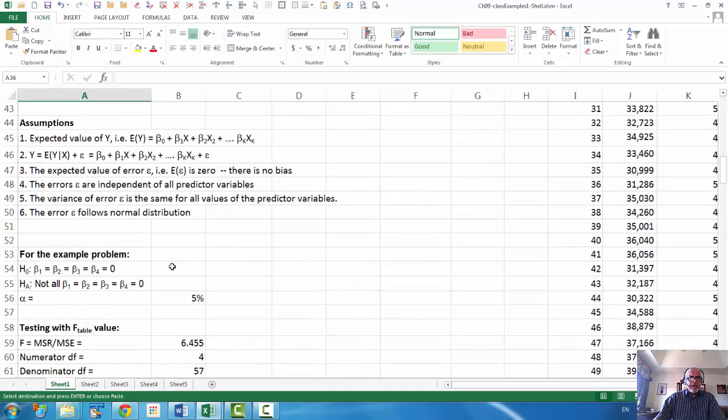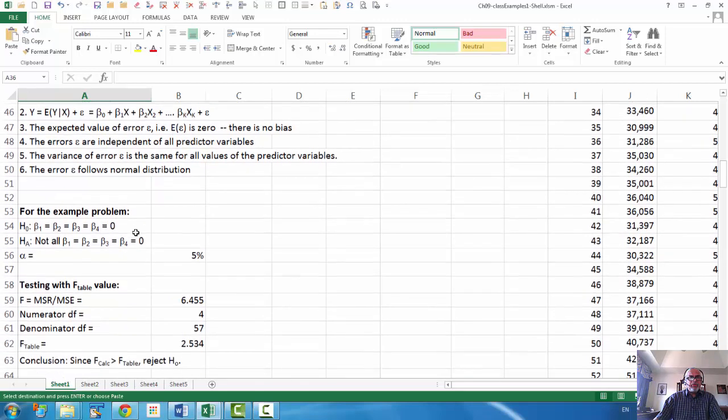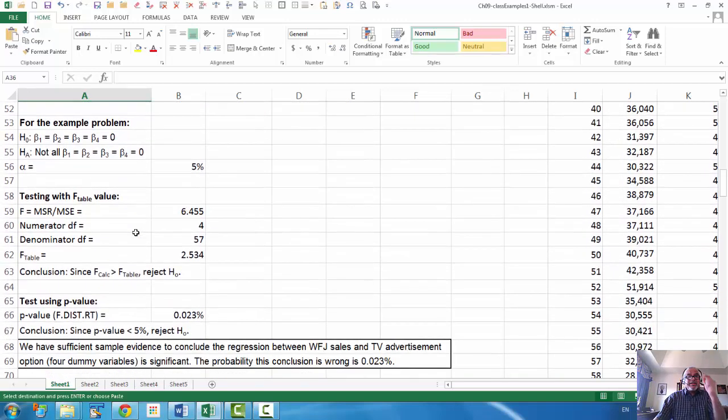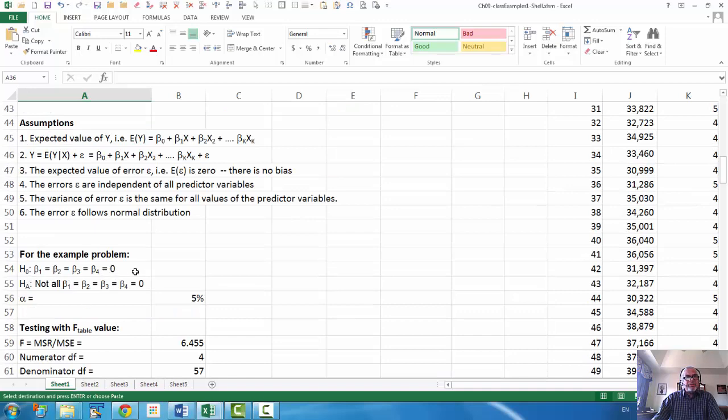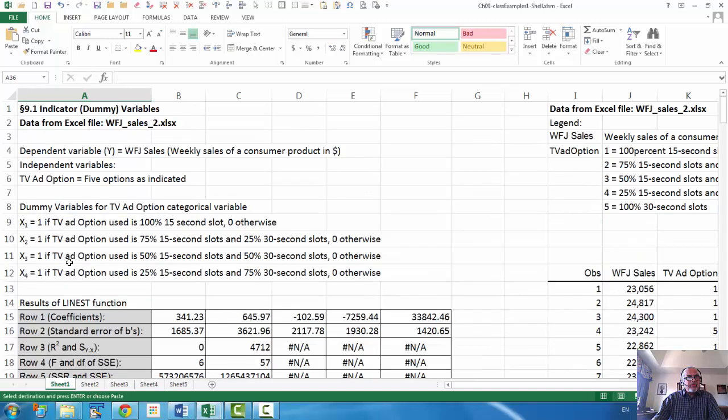Now when it comes to dummy variables here, you cannot do an individual t-test because it has no meaning at all taken by itself. Okay, there are 4 dummy variables here. You cannot separate one dummy variable from the rest.